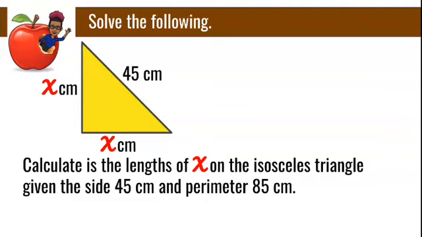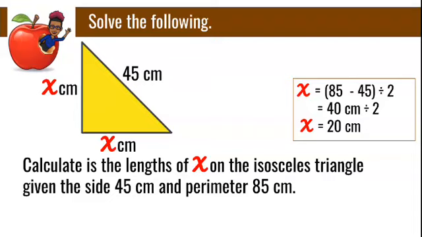So another one, calculate the length of x on the isosceles triangle given the side 45 centimeters and a perimeter of 85 centimeters. So again, we have the perimeter, we're given the length of the side, and we have to find those two x's, which would be the same length.